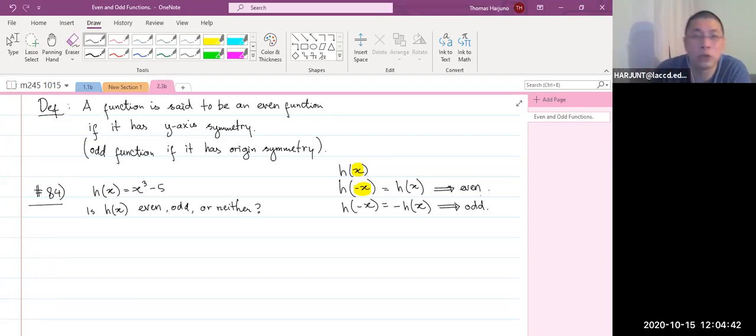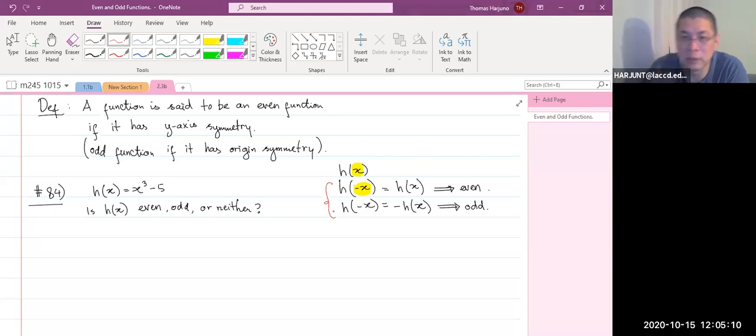Okay, so what we are going to do here, how to show a function is even, how to show the function is odd, it's actually doing the same game again. To show a function is even, you need to show y-axis symmetry. How do you show y-axis symmetry? Replace x by negative x, you get the same y. You get the same function. How to show an odd function?